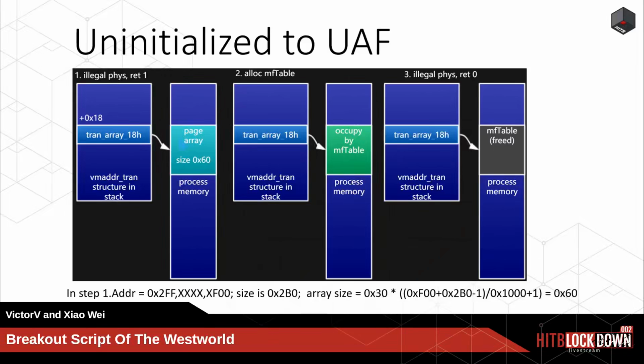Secondly, we allocate a MF table with size 0x60, and the heap should occupy the same space, because the space should be the first chunk in the free list. Then we trigger the bug. It will free the pointer stored before, which points to the MF table now. So we get a dangling pointer of the MF table.